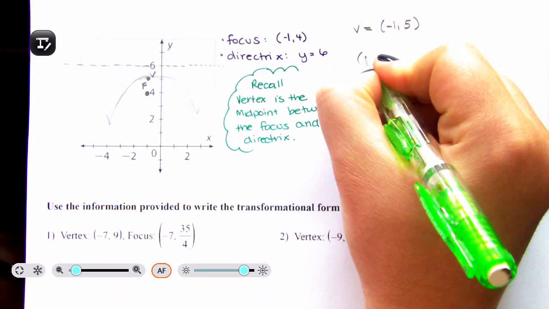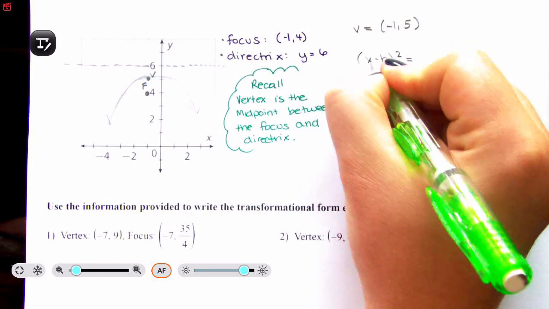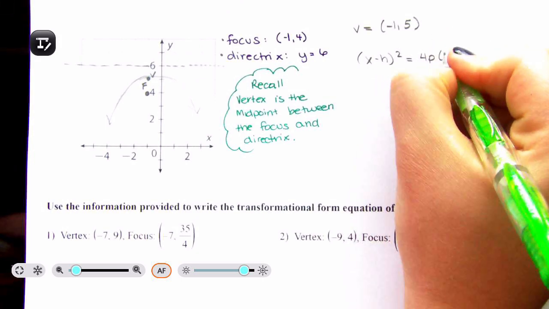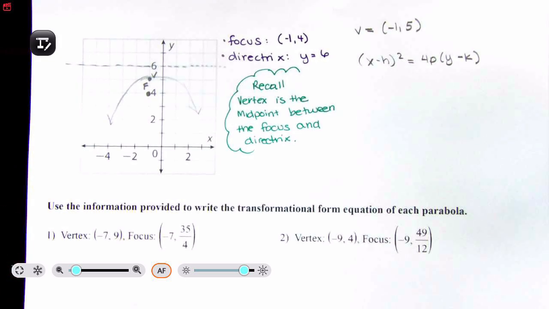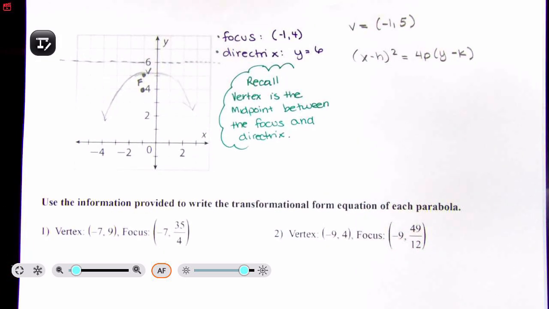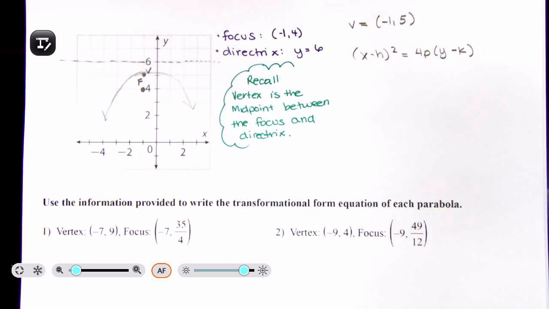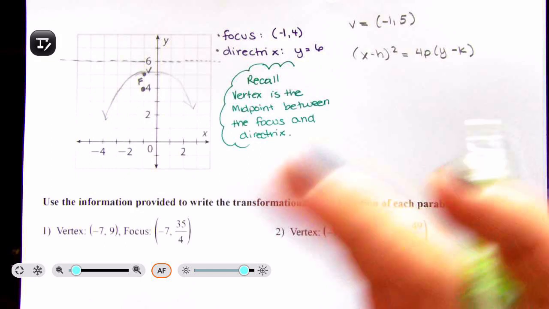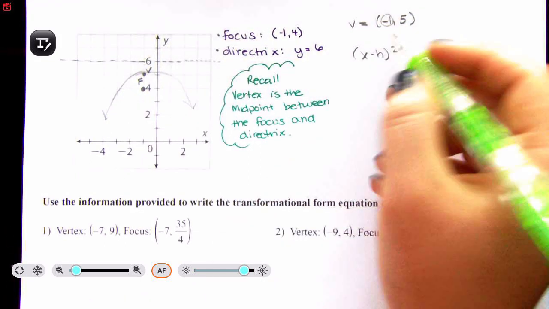So we have (x minus h) squared is equal to 4p times (y minus k). Since our vertex is not (0, 0), our h and k values are now different. Now remember, whatever you see inside the bubble, it's going to be opposite when you actually write it.